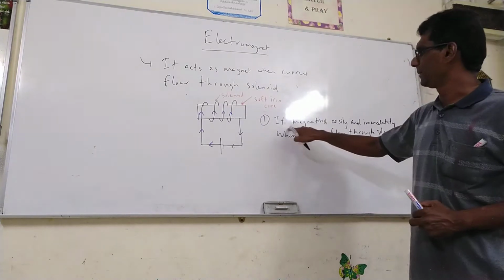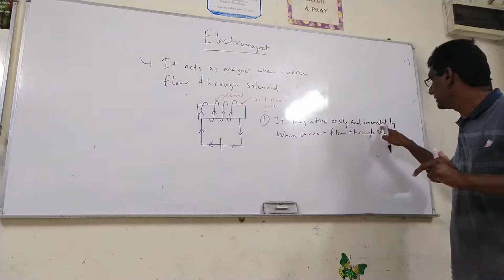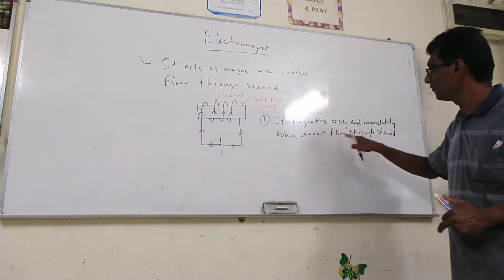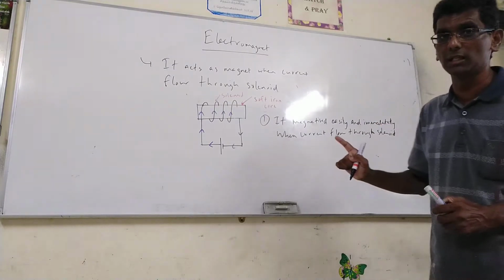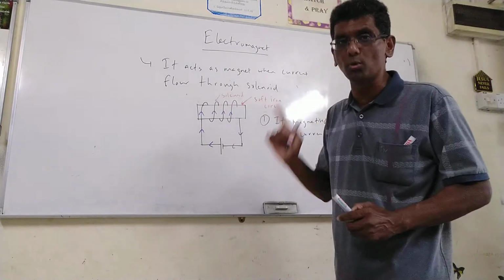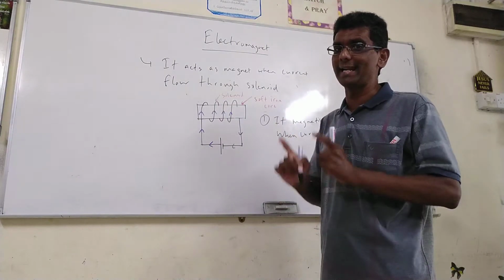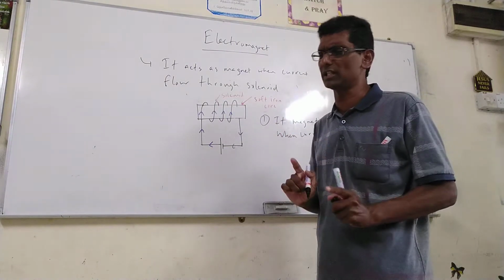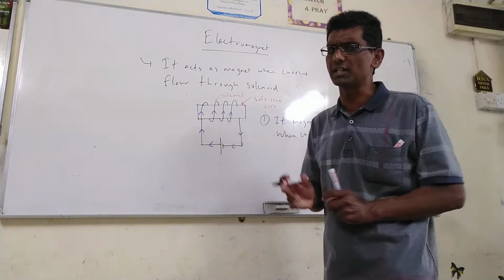So it magnetizes easily and immediately when current flows through the solenoid. This is very important to understand, soft iron core and electromagnet, because there are some questions later, tricky questions lah.